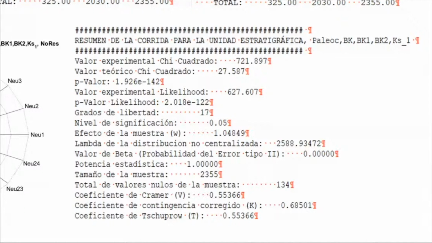Investigating with three different association indices, like Cramer's, the corrected contingency coefficient, and the Tschuprow coefficient, we have for this data a moderate relationship.